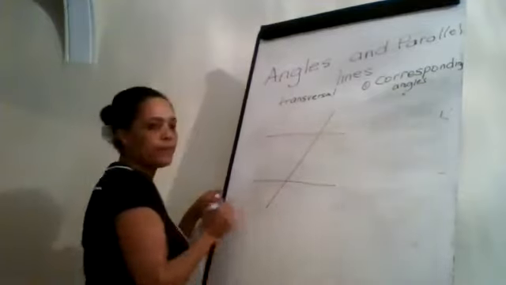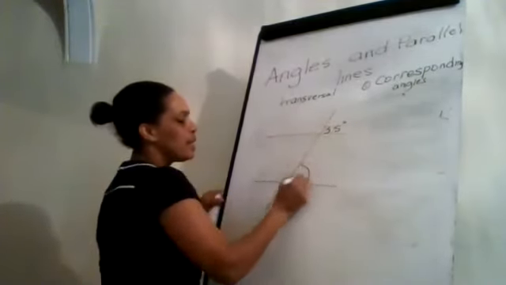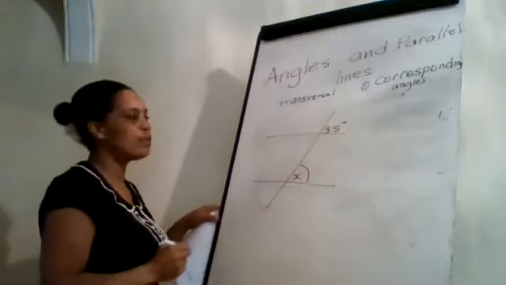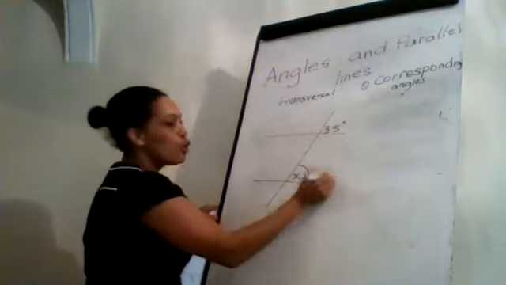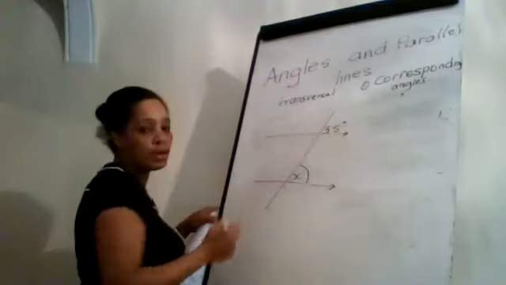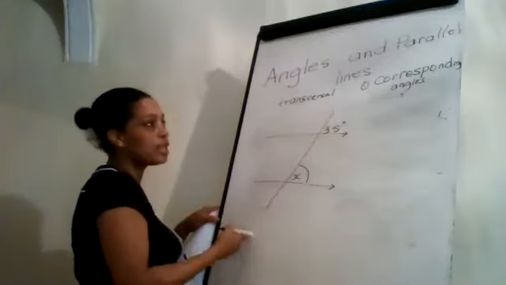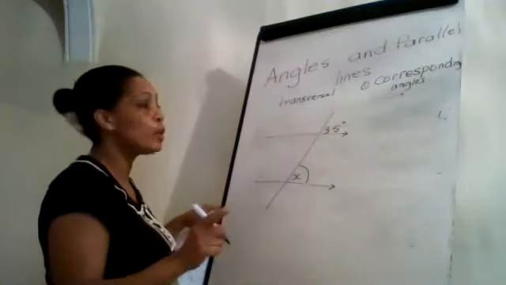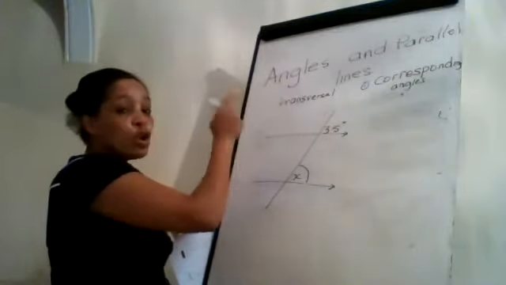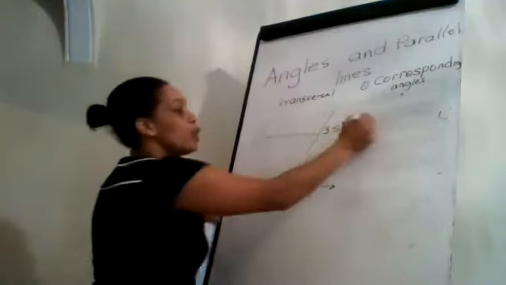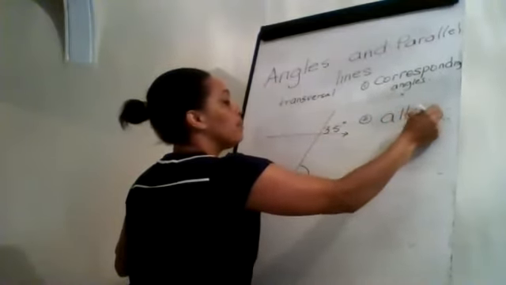Here, if I tell you that that's 35 degrees, and I tell you that that's X, and I ask you to find the value of X. First thing you should notice, are these lines parallel? If these lines are parallel and we have a transversal cutting them, then we're going to be looking for corresponding angles and alternate angles.